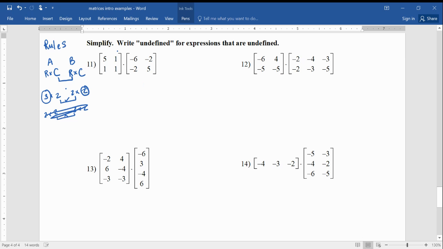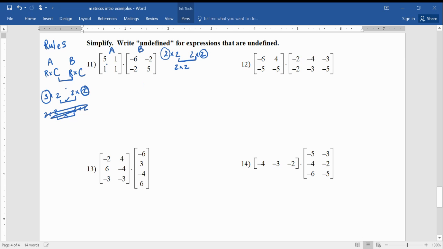On all of these, we're going to start by looking at what the dimensions are and figuring out what the answer is going to be. So if A is a 2 by 2 and B is a 2 by 2, do the columns from A match the rows from B? Yes. So the answer is a 2 by 2.